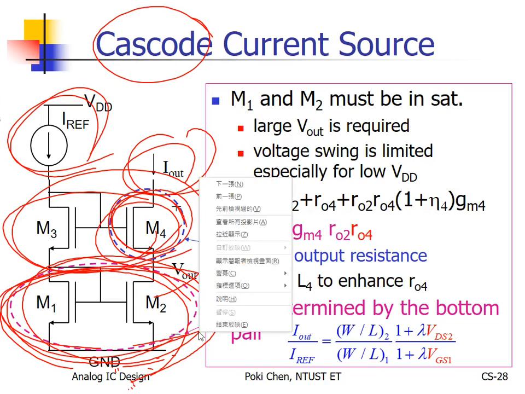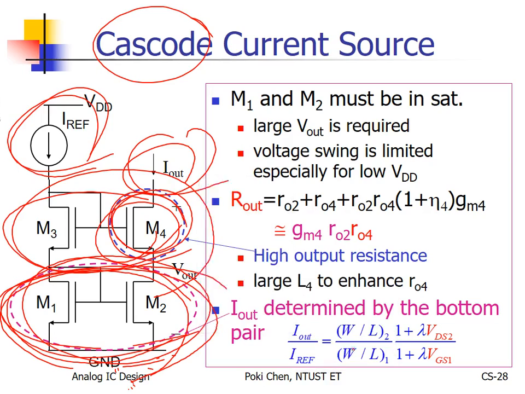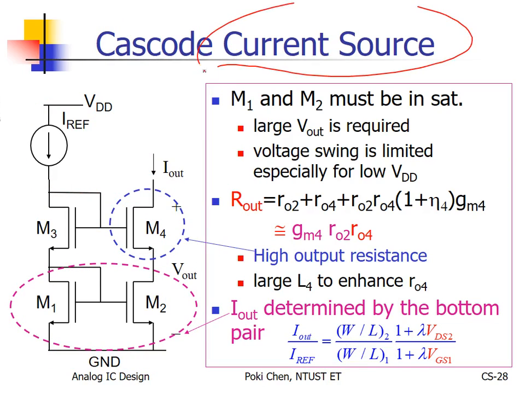So to myself, for such kind of current source structure, current mirror structure, I call them current controlling transistors. 控流电晶体，电流是由它们决定的。Okay, and what's that for cascoding?